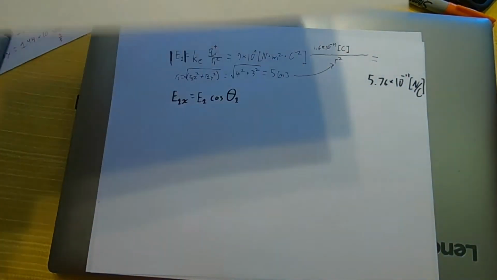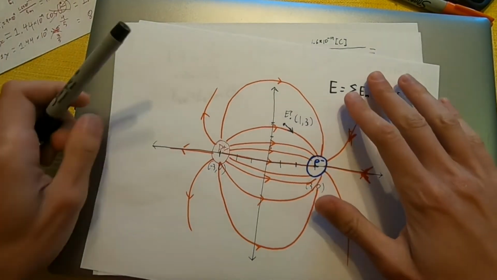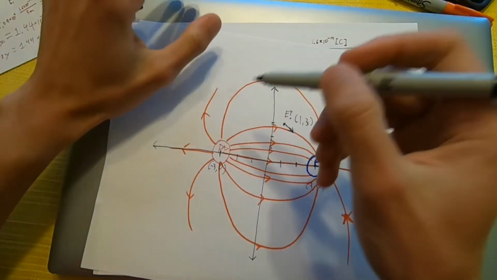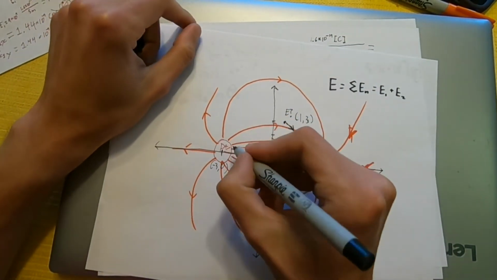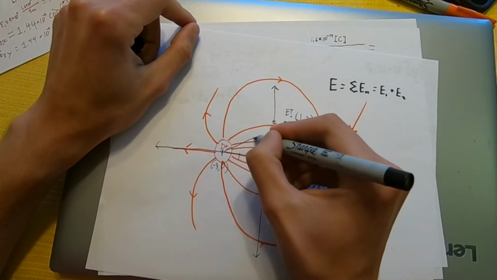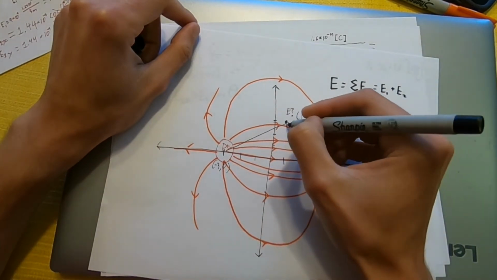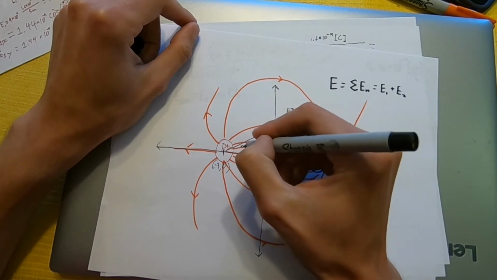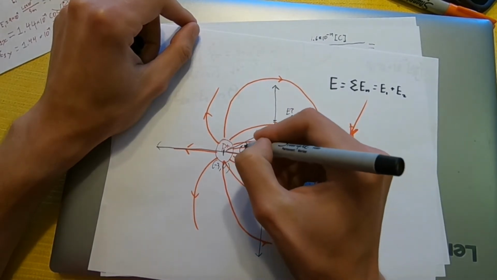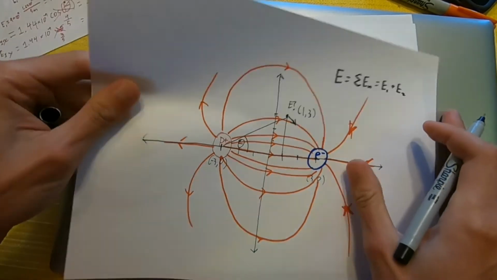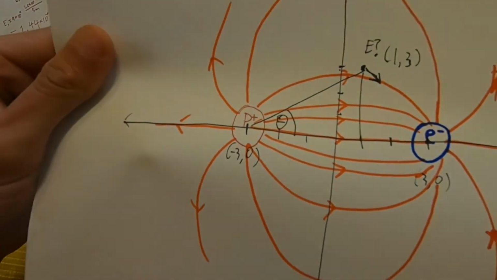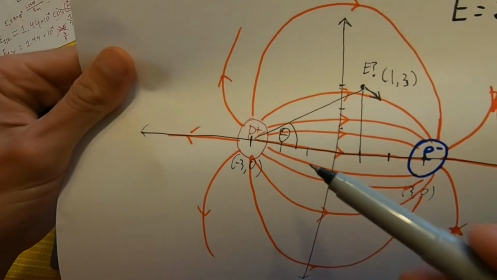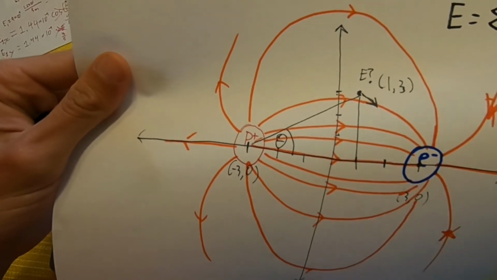Here, if we were to draw our triangle from our proton, center of charge, to that point in space, we're looking for this angle theta right here. Zoom this in a little bit so you can see it a little better. So we're looking for this angle right here.